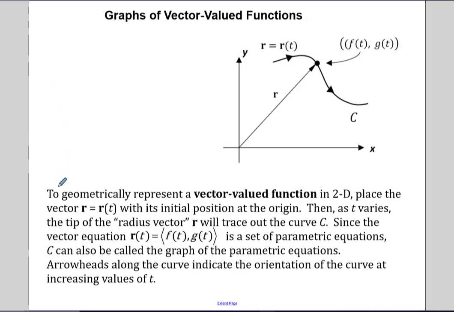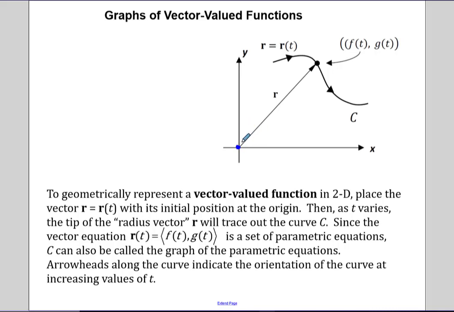To geometrically represent a vector valued function in two-dimensional space, we could place some vector r as a function of time with its initial position at the origin, that would be here. And then as t varies, the tip of the radius vector r is going to trace out the curve.